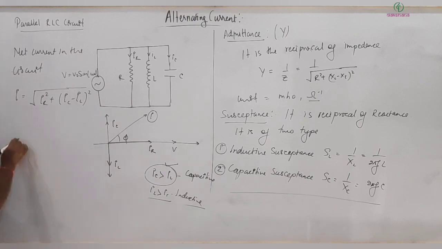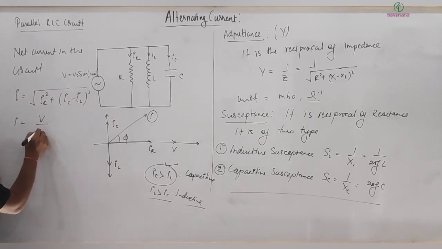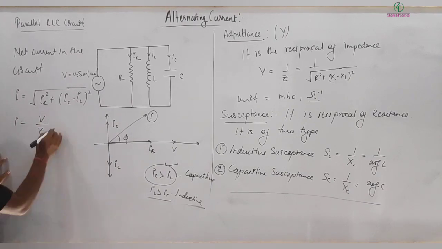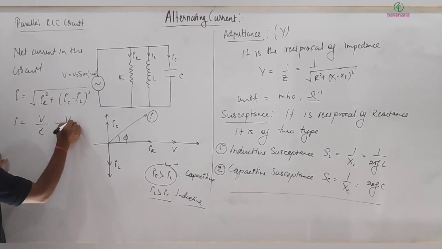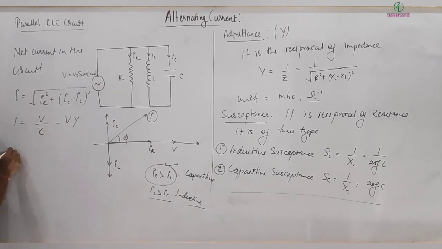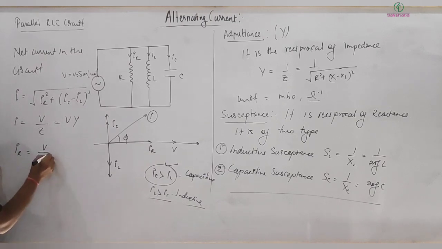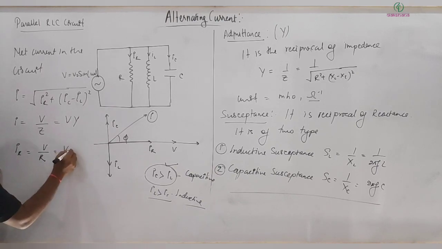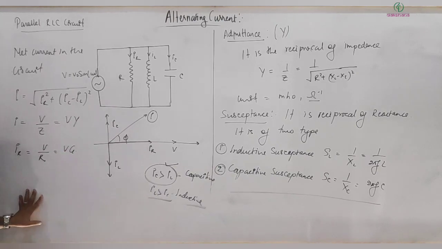And I can be written as V by Z, or I can write V into 1 by Z, which is Y. Similarly, IR is equal to V by R, or you can write V into G. G is called conductance.